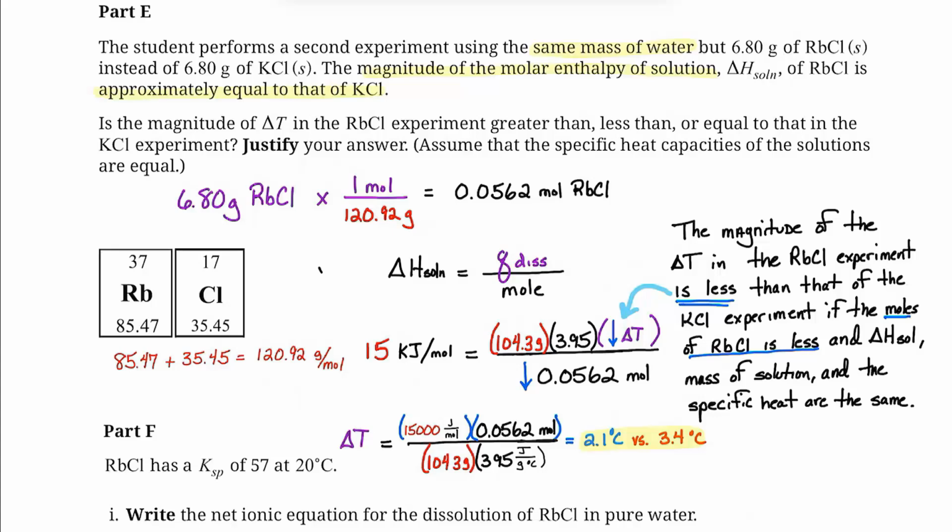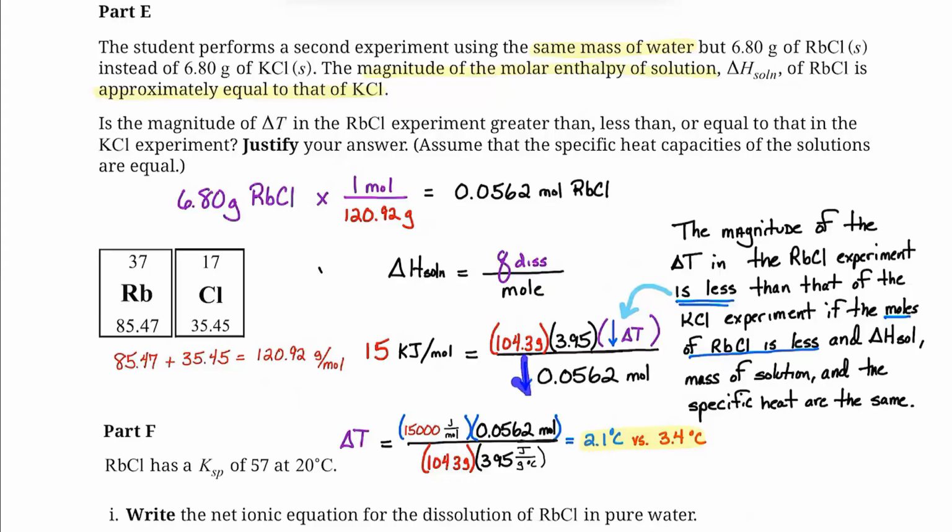So in any case, all I'm saying is with a lower amount of moles, and this number has to be the same, if you decrease your denominator, keeping the whole value of the equation the same, then the top number's got to decrease, right?